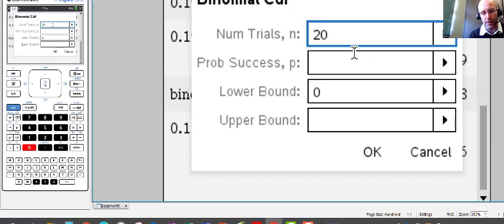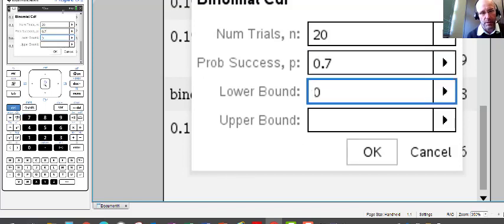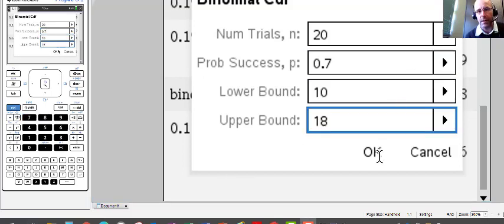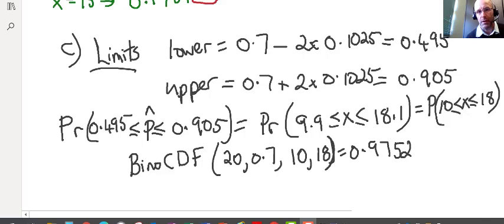So n is 20 and 0.7 was our probability of success, and from the lower limit, which was 10, and the upper limit was 18, and we get 0.9752, like so. Or you can just enter the parameters directly in with a set of brackets and a bunch of commas like that. Yay!